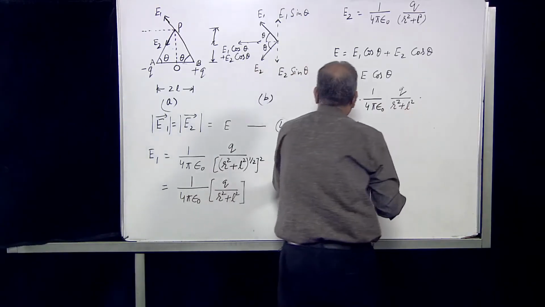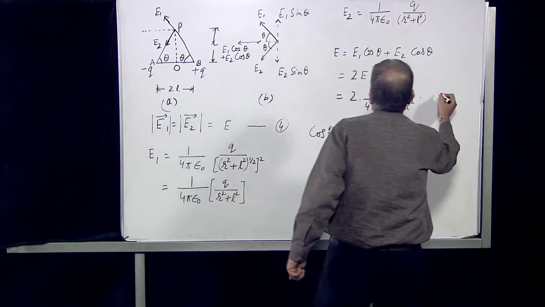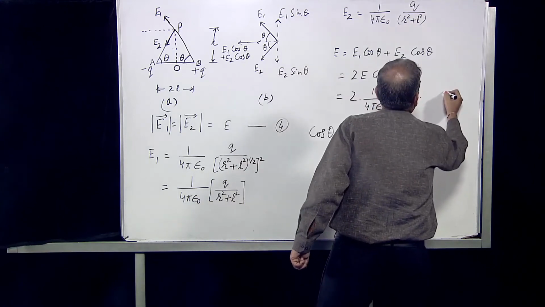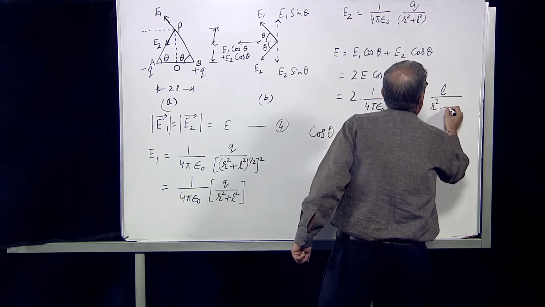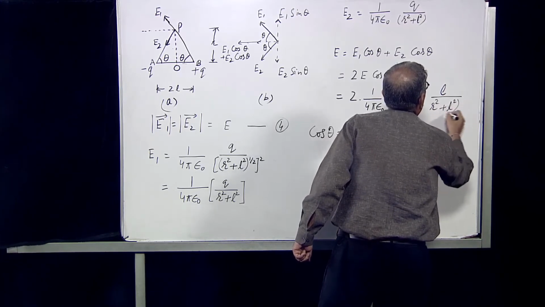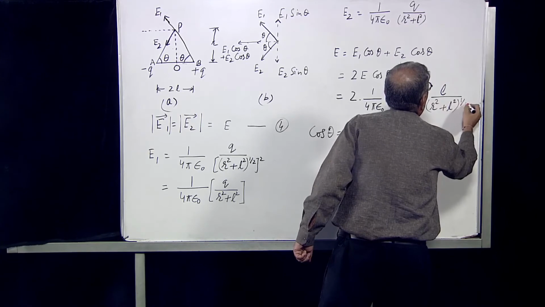So, substituting this value of cos theta, we have this expression, L upon r square plus L square raised to power half.